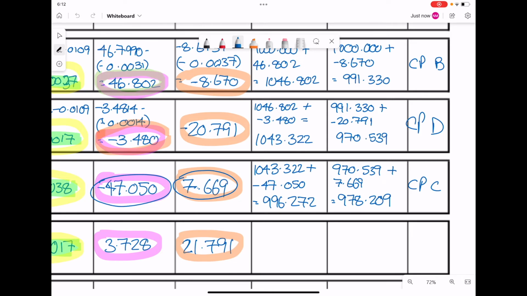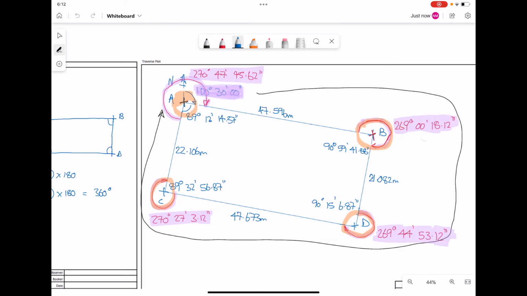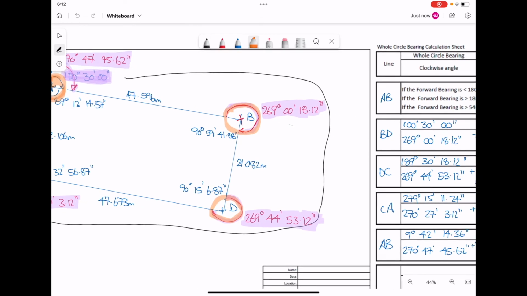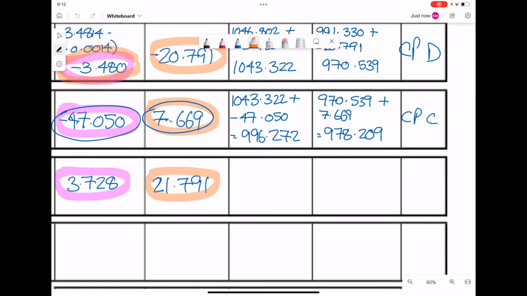Now we have all the coordinate values for the 4 control points, A, B, C and D. But for one final check, if we look back at our plot, after control point C, we come back to control point A. So hence, if we take the coordinate values of C, add on the adjusted partial easting, the adjusted partial northing, we should come back and get the same coordinate values as we have at the top of the table.